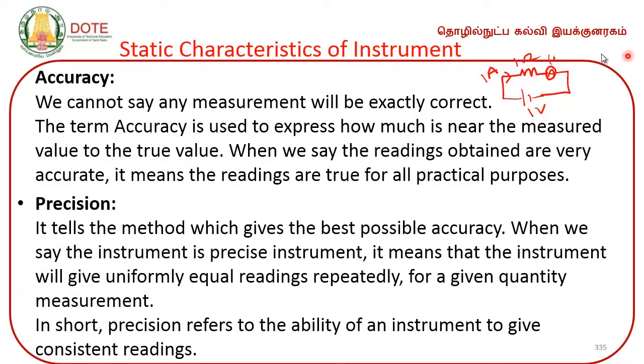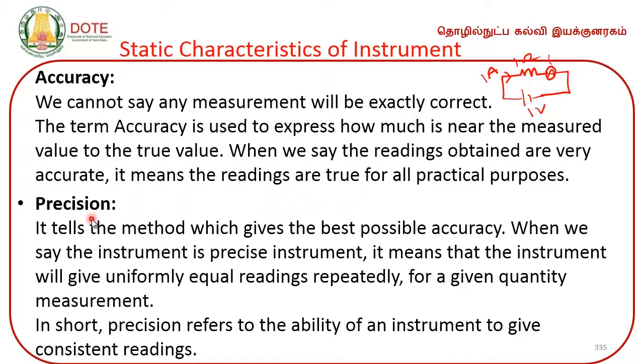The correct value is actually the true value. How much the measured value is close to the true value is measured in terms of accuracy. When we say that readings are very accurate, it means the readings are very close to the true value, right.